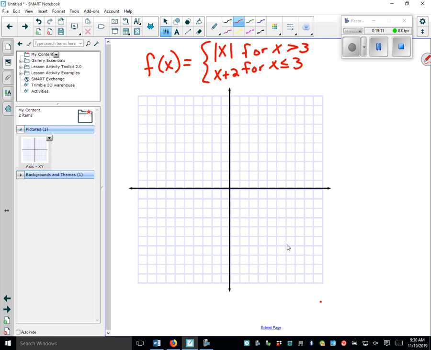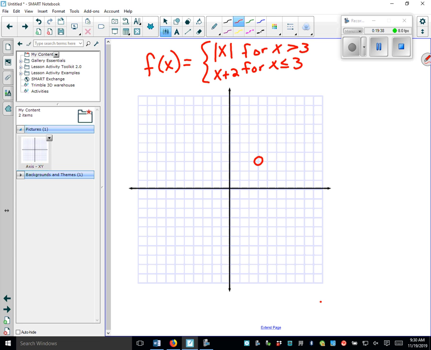Okay, absolute value of x. What is it when x is 3? 3? Yes. With an open circle. Correct? What other x should I try?